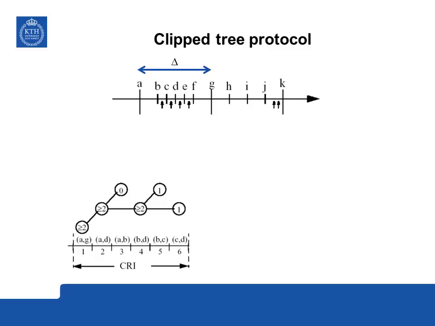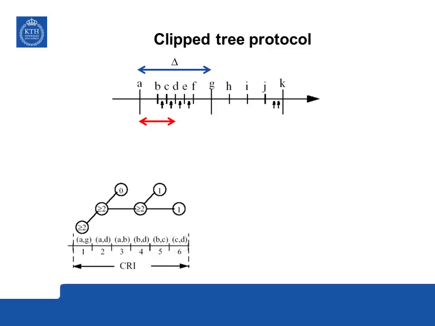And we have a collision in the first slot, A to G again, and then again we have the interval and have another collision in the second interval, and then we keep on going until we have resolved the whole first interval. So we have now transmitted all packets arriving in the interval A to D.